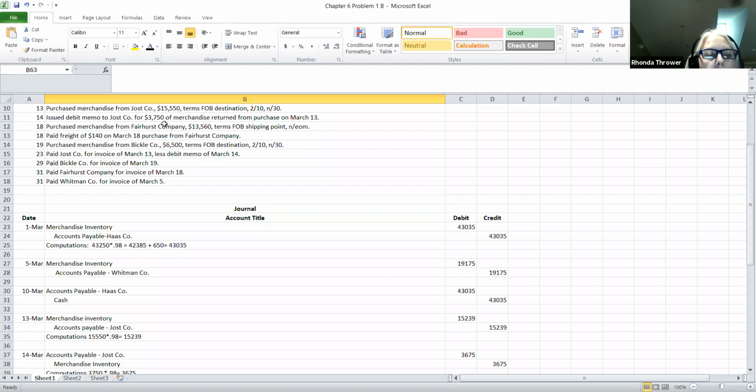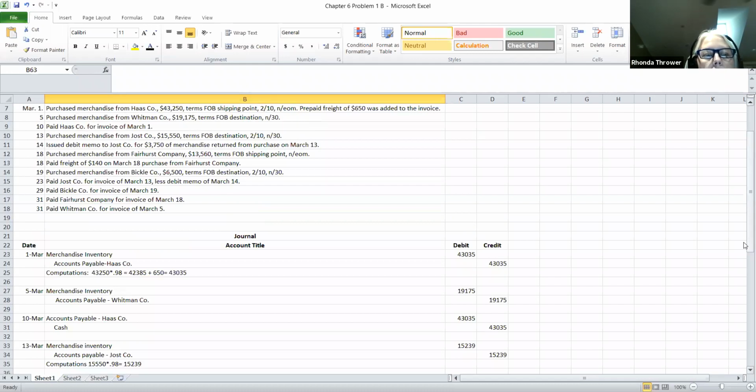The merchandise gross amount that we're sending back is $37.50, and we're returning it from the March 13th transaction. So if you want to look back at the March 13th transaction, you can see that we were offered a discount. So we recorded it at the net amount on our books right here.